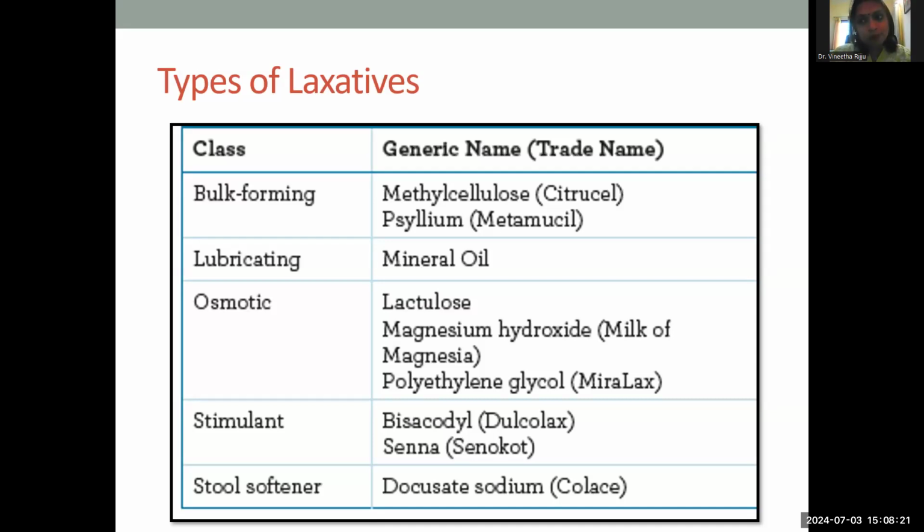Was it helpful? Because sometimes bisacodyl suppositories, it is a stimulant laxative, okay? Like you can see in the table over here, stimulant. Among the stimulant type of laxatives comes bisacodyl, that is Dulcolax. So what it does is that at the site, it causes contractions, okay?